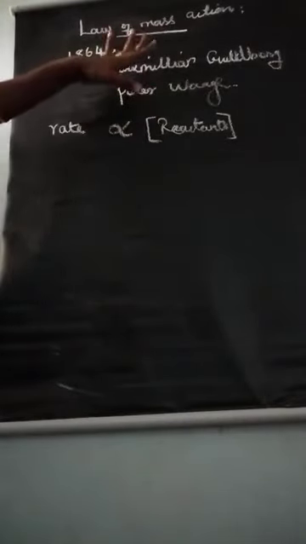In the year 1864, two Norwegian chemists, Maximilian Guldberg and Peter Waage, explained the law of mass action. The rate of chemical reaction is directly proportional to the active mass of the reactants.